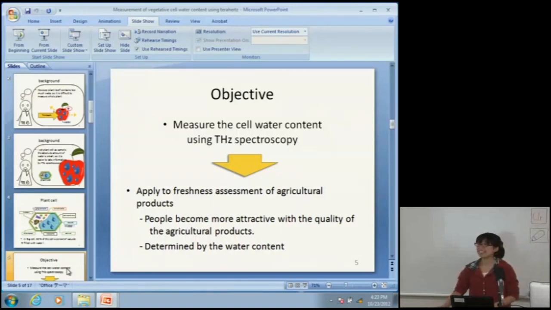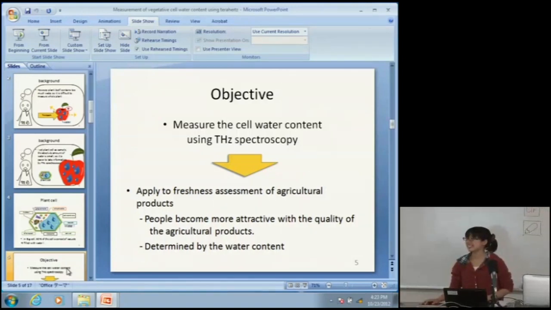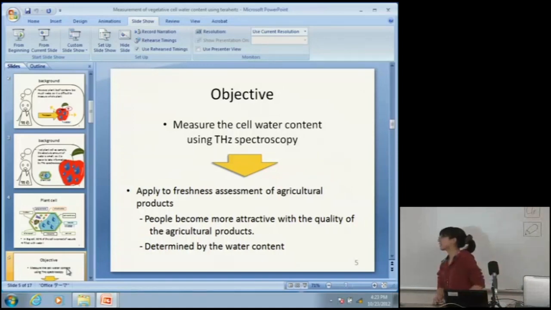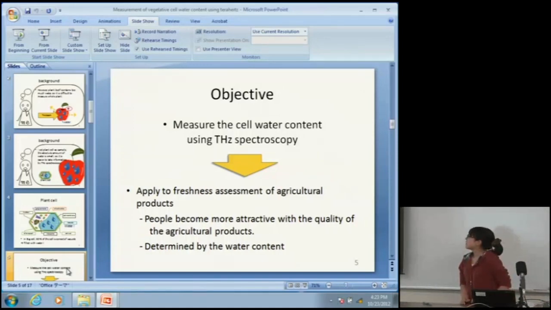And now I'm thinking of the application of the research, and I'm considering that maybe it can apply to freshness assessment of agricultural products, because it has a big relationship with the water content.